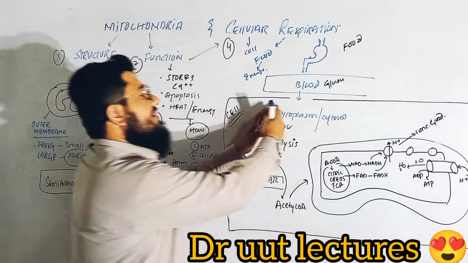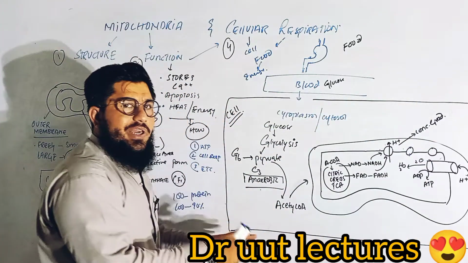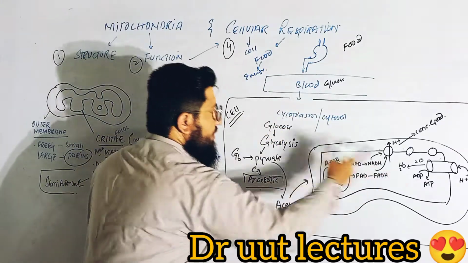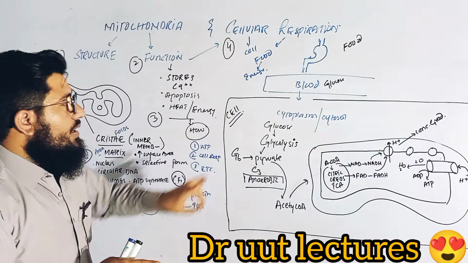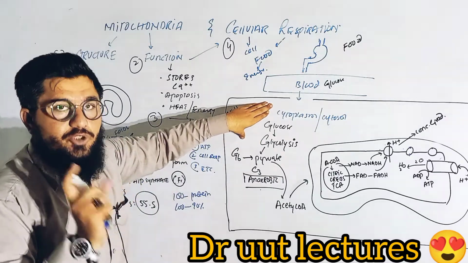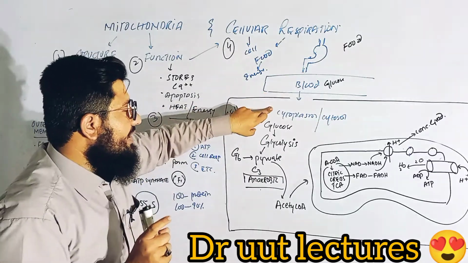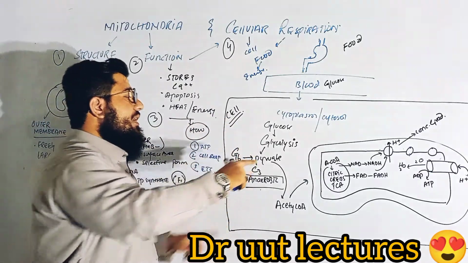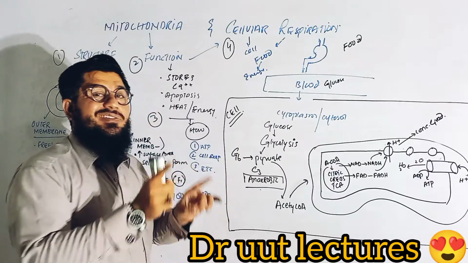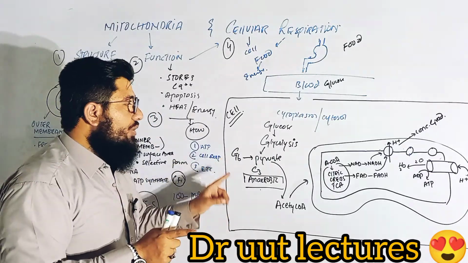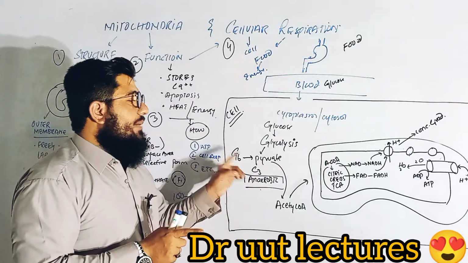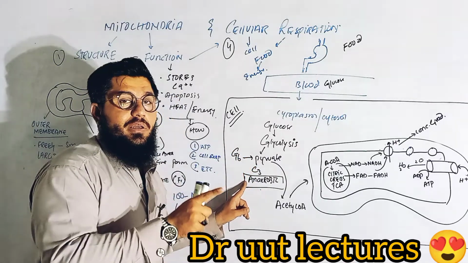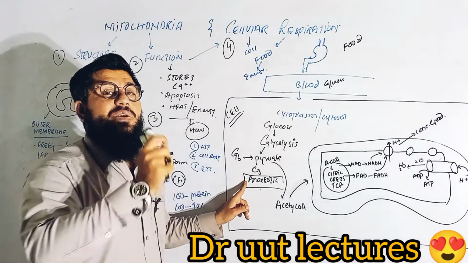In the entire cell we have the cytoplasm and the mitochondria. In the cytosol, the soluble part of the cell, this glucose will come and be metabolized. Glycolysis will take place, due to which glucose will be metabolized into pyruvate. This metabolism will be anaerobic.